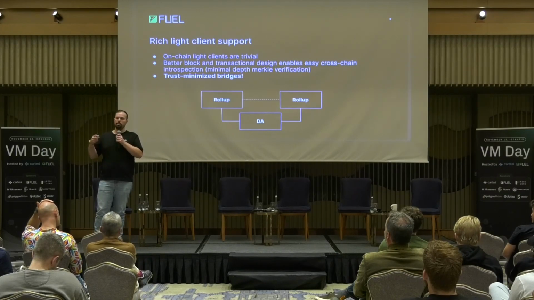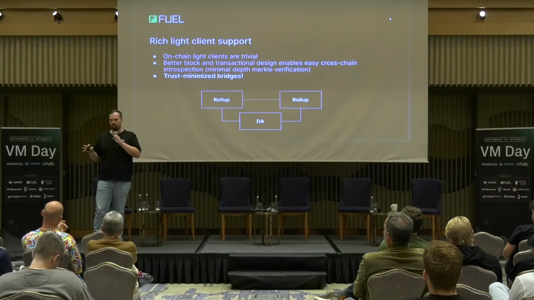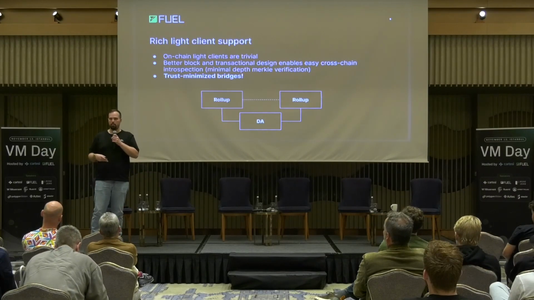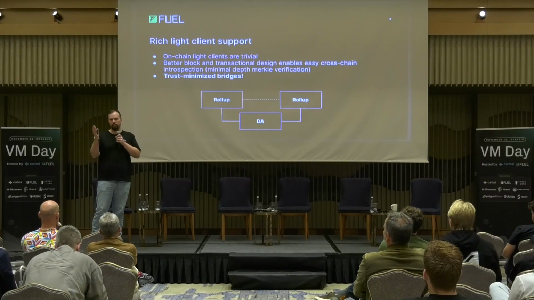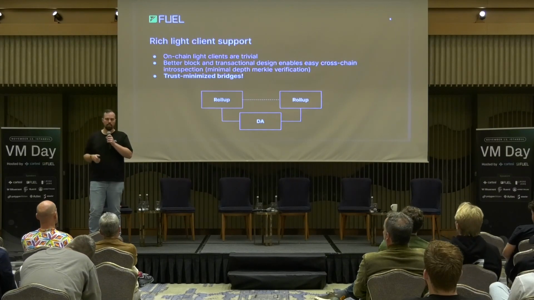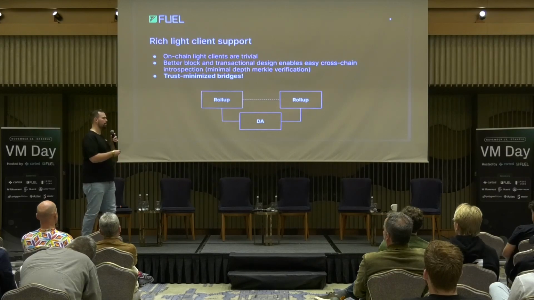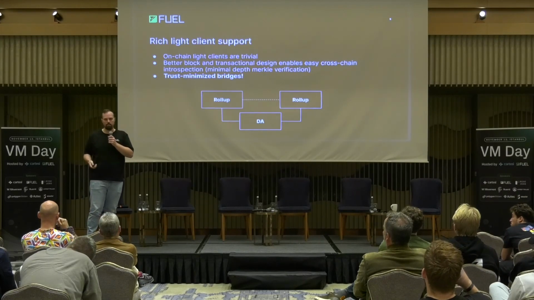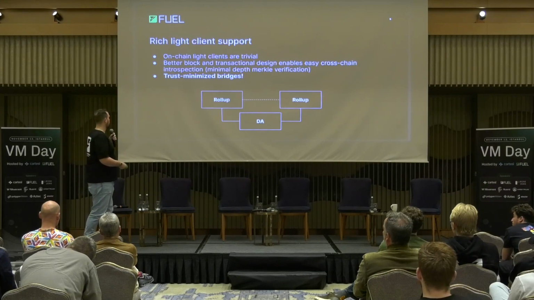With Fuel, we redesigned things like the block header and the transaction structure such that it's very easy to introspect everything that's going on within the system, such that even on-chain light clients are very approachable. They're very easy. It's really just verifying a few light Merkle proofs, so it's nothing too intense. And so when you do things from scratch and you rebuild, you get to address and fix a lot of these shortcomings that you typically see in these blockchain systems.